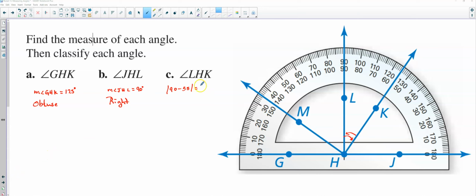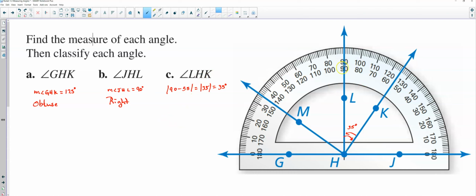So that is the absolute value of 90 minus 55, which is 35, or the absolute value of 35. Well, the absolute value of 35 is still 35. So that means this measures 35 degrees. So the measurement of angle LHK would be 35.